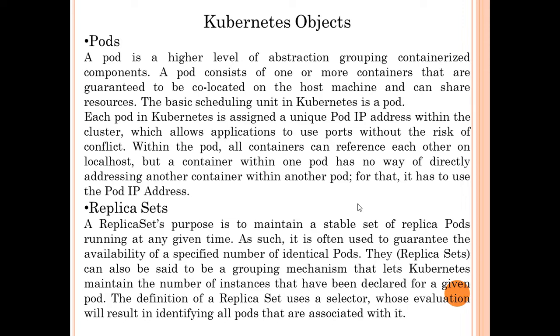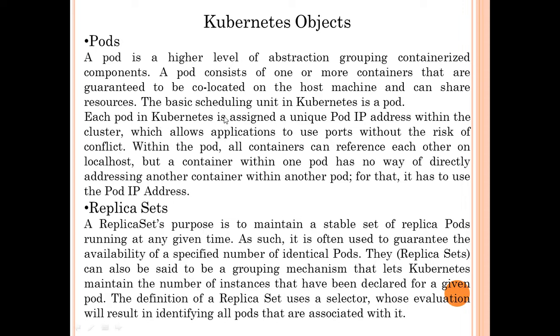One container which is inside one pod will be able to interact with the other containers in the same pod, but one container which is in one pod will not be able to interact with another container in another pod. It is also explained at this place.